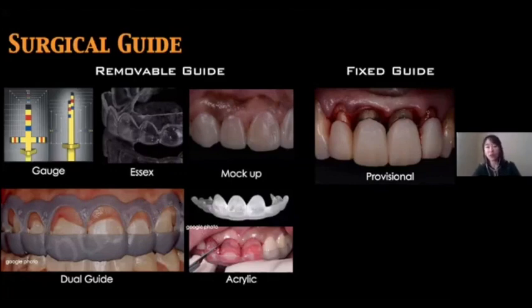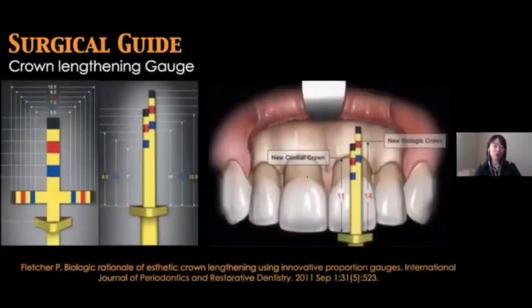For the fixed guide, basically we're talking about the prosthesis, such as veneers and provisionals. Those are your fixed guides, because you deliver them and you don't remove them. And you use those restorative margins as your final margin and they guide you to do the bone reduction. So this is one of the surgical guides I mentioned.